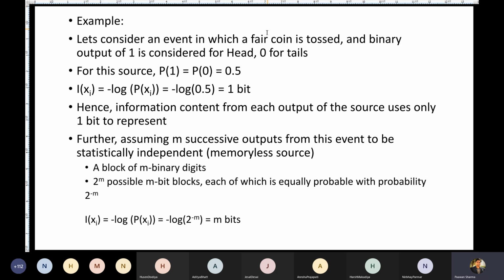So it is a fair coin, and the probability of occurrence of binary 1 or binary 0 is equal, 1 by 2, 0.5. So the information with regards to this event, tossing a coin, will be minus log p(xi). So p(xi) is 0.5, and minus log 0.5 is 1 bit.